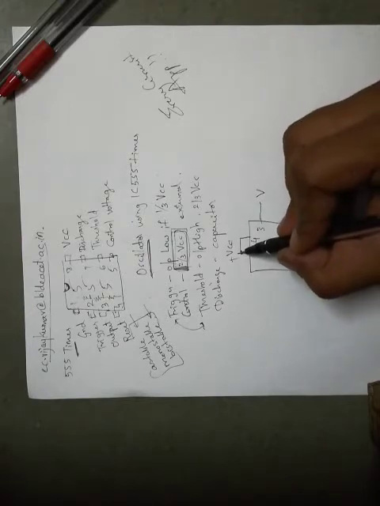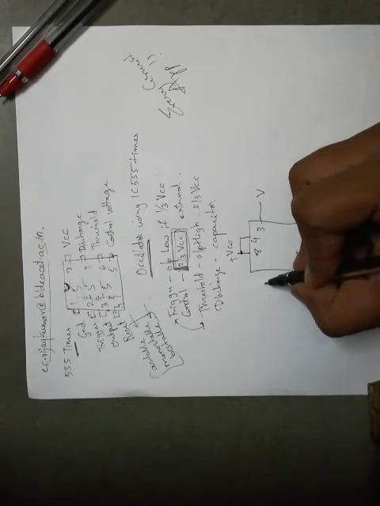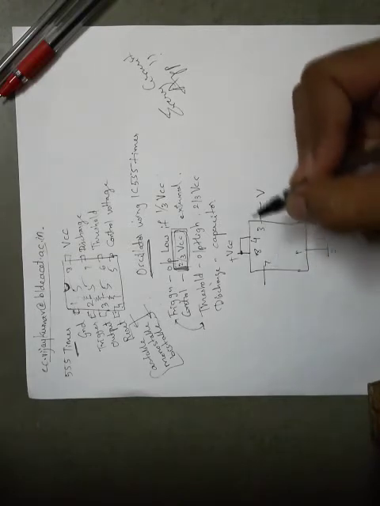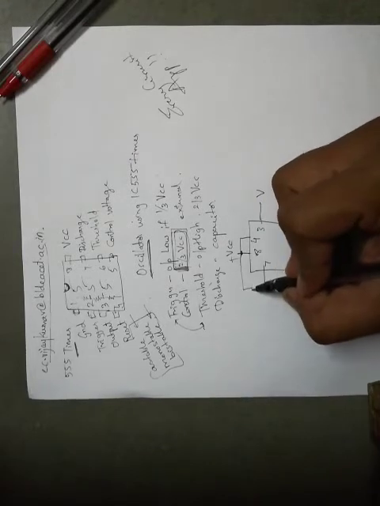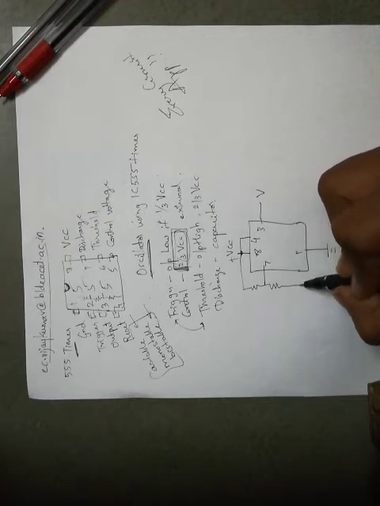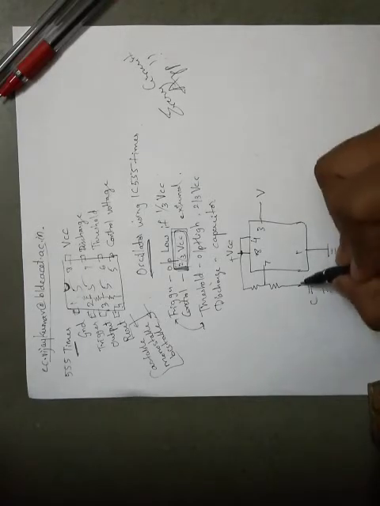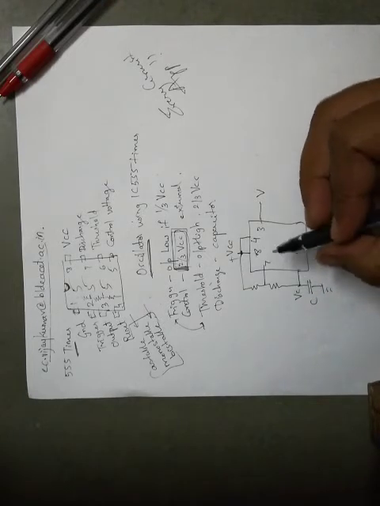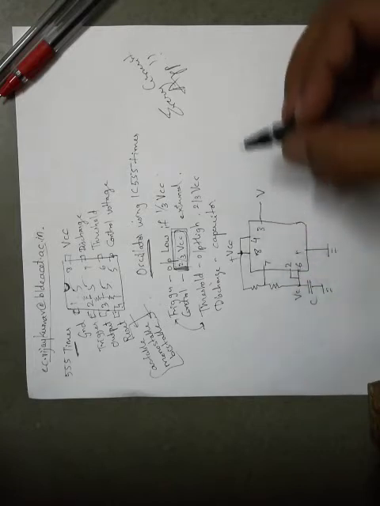So we'll keep the reset pin 4 to VCC, and 7, the discharging, happens through R1 and a timing capacitor C. This VC is given to 6th pin and 2nd pin.